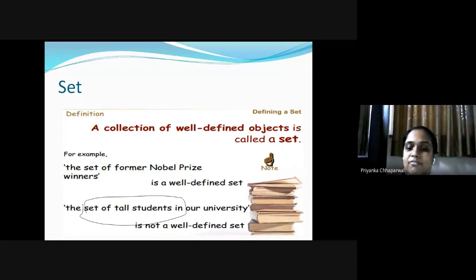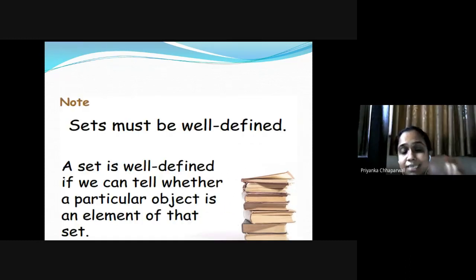So it is not a well-defined set. Always remember, a set must be well defined, so that we can tell whether a particular object is an element of that set.